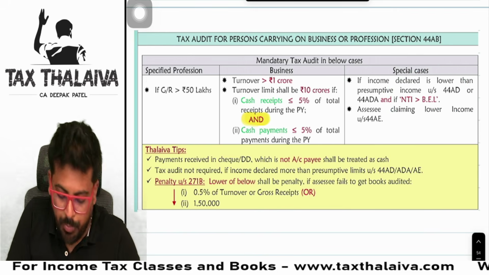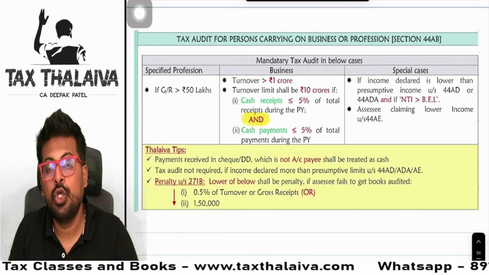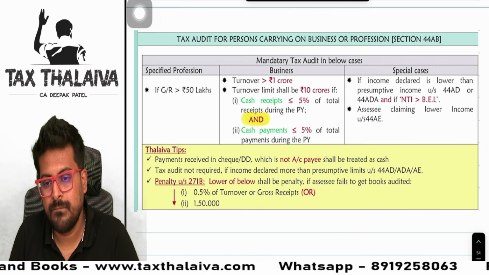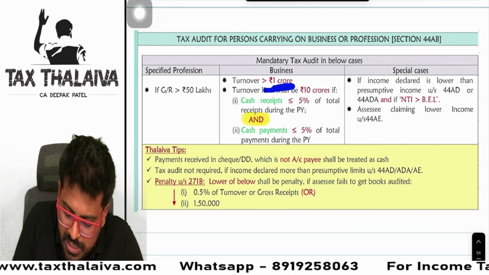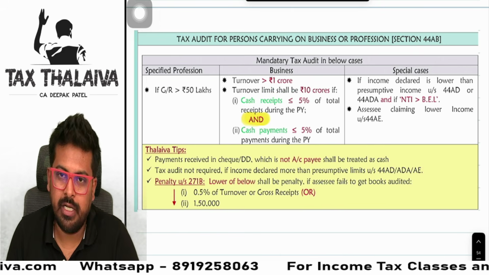So if you are in a profession and if your gross receipts are more than 50 lakhs, you are required to get your books of accounts audited. And if you are into some business and if your turnover is more than 1 crore, you are required to get your books of accounts audited.